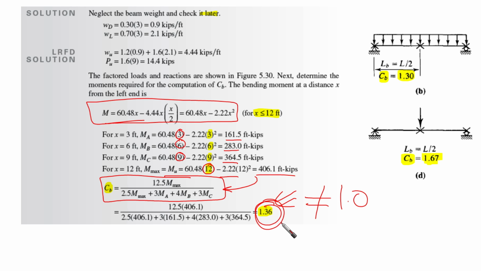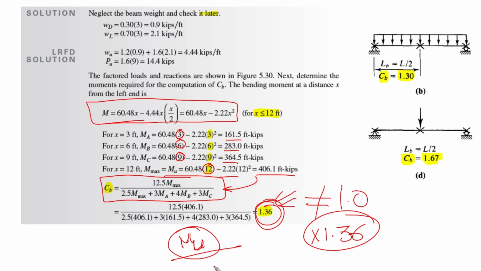We can change the charts: anything coming from the charts, we can multiply by 1.36. Another way is to take the ultimate load, or required strength, that we obtained, divide it by 1.36, and enter the curve. Both are okay.